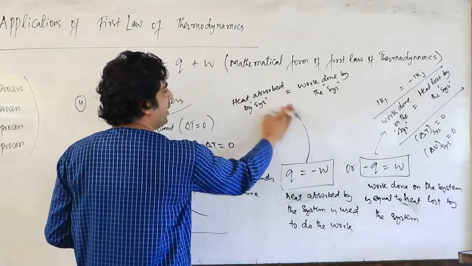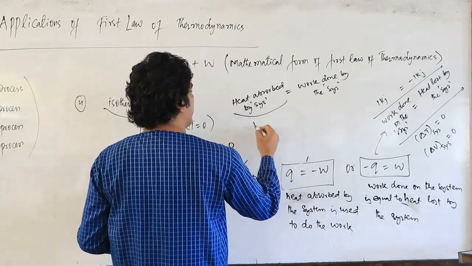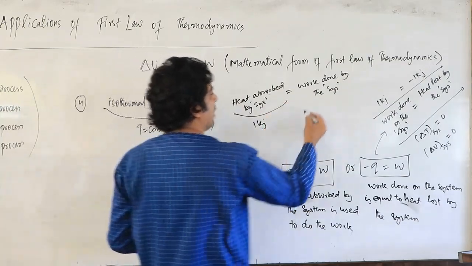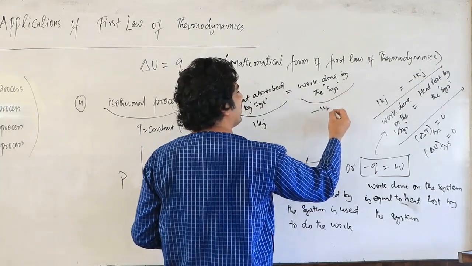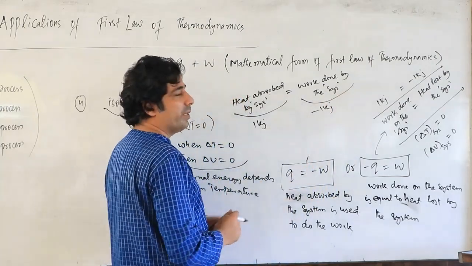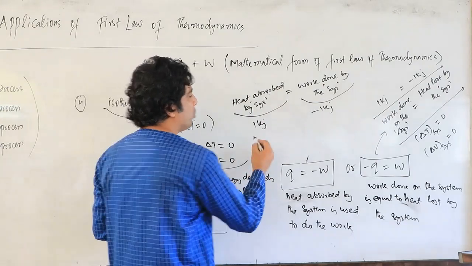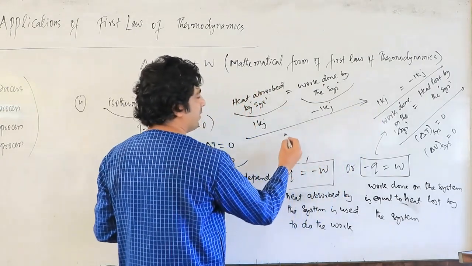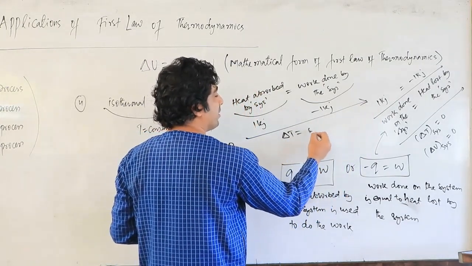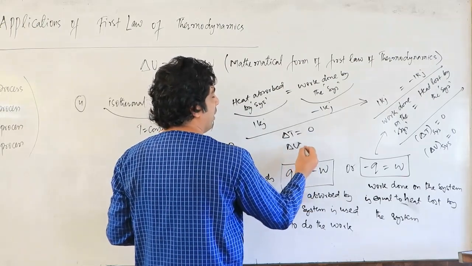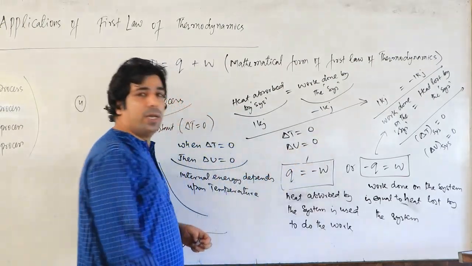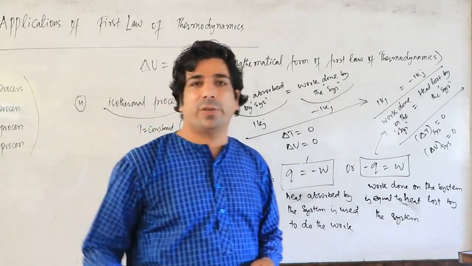So how much heat are you absorbing? Let us suppose you are absorbing 1 kilojoule of heat, and how much work are you doing? You are doing 1 kilojoule of work, because work is done by the system. So everything will remain constant now. Temperature will remain constant, so change in temperature is 0 and change in energy is also 0. I hope you have understood, my dear friends. Please make note of this.